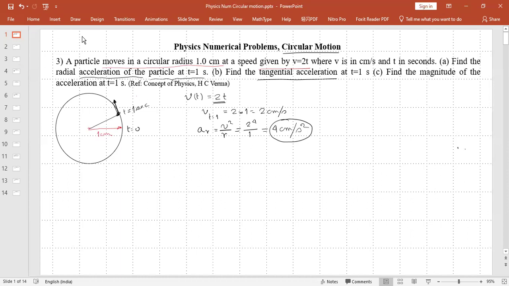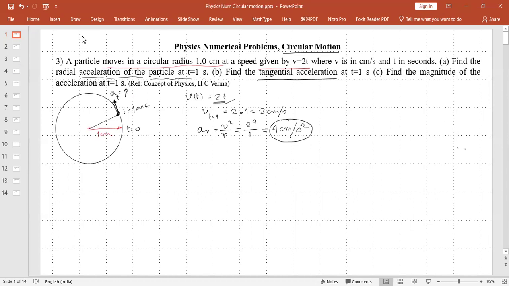In the circular motion chapter, normally you do not always get a problem with tangential acceleration, but this problem has a tangential acceleration, so I thought I must explain this problem to you. Now we have to find out what is the acceleration in this direction. Let us say this is tangential acceleration a_T.